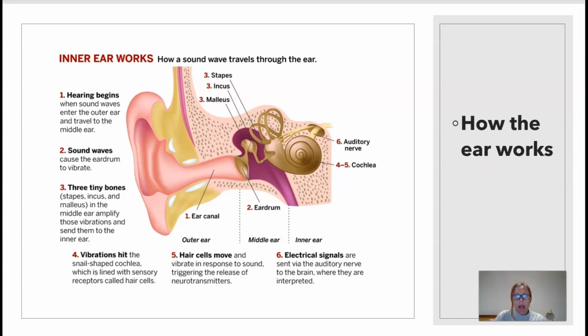So when we're talking about our cochlea, we're in our inner ear now, and the cochlea is that snail-shaped organ there in our inner ear. And so what's happening then is the vibrations go into our cochlea.